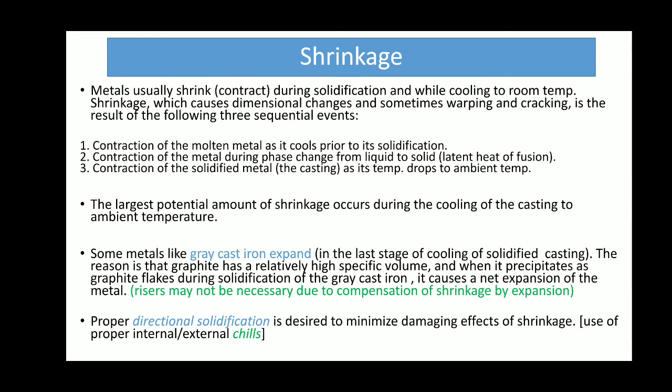Graphite has a relatively high specific volume, and when it precipitates as graphite flakes during solidification of the gray cast iron, it causes a net expansion of the metal. Basically the graphite flakes are responsible. Just like corn flakes, you already know the volume of corn flakes with respect to the corn is more. Similar is the case here. Some graphite flakes we obtain, and it causes net expansion of the metal.